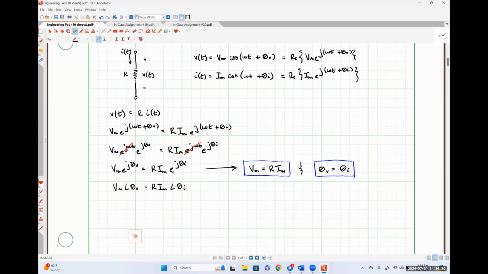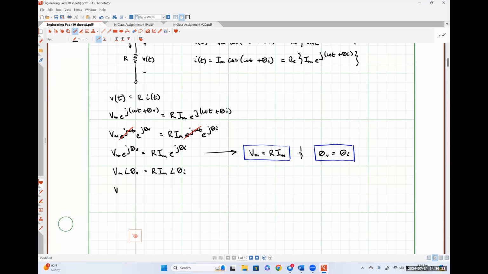Vm angle theta v is nothing more than our definition for a phasor voltage, V. And then we would have R, and Im angle theta I is nothing more than the definition of a phasor current, I. So what we have in the frequency domain is that V is equal to I times R. Effectively, Ohm's law is Ohm's law regardless of whether we are in the time domain or the frequency domain, which shouldn't be that surprising of a result.